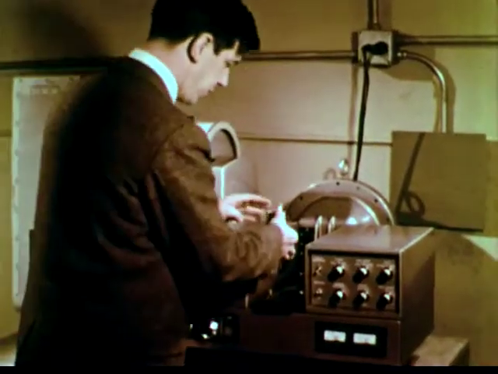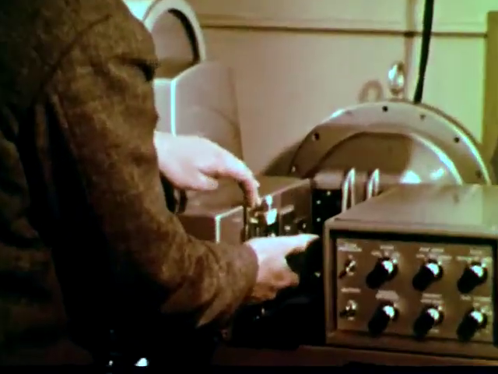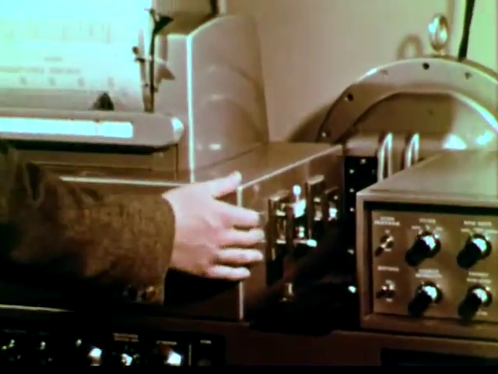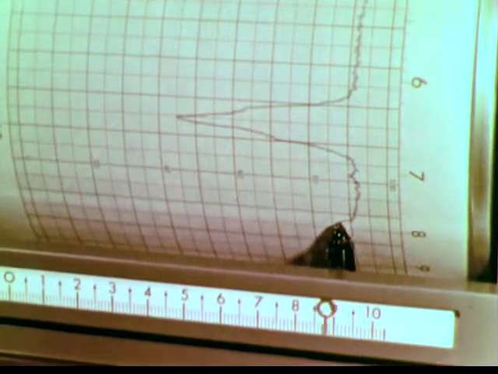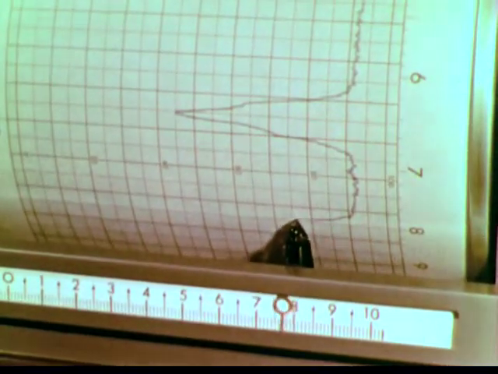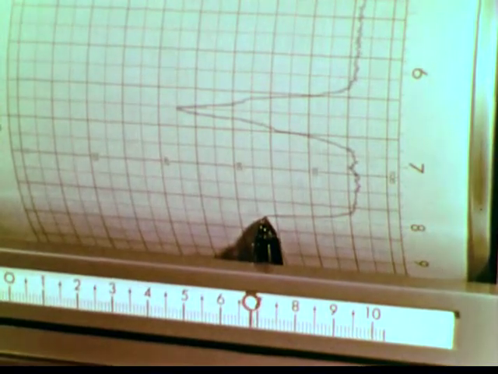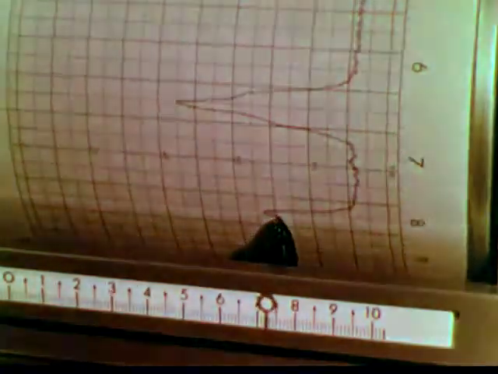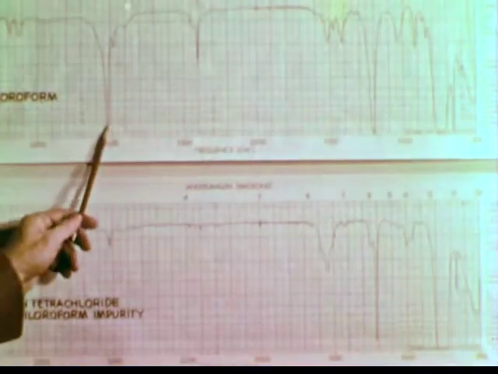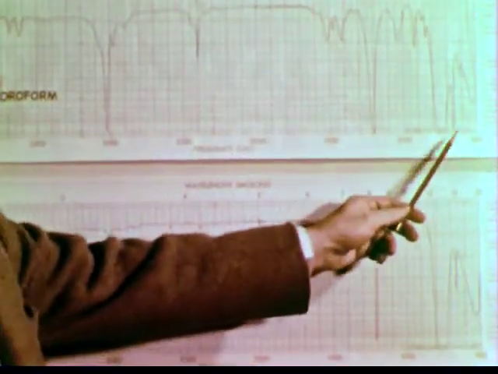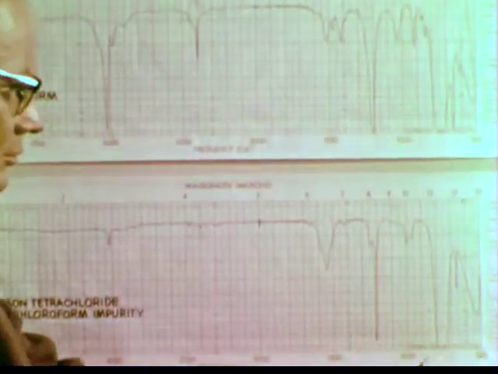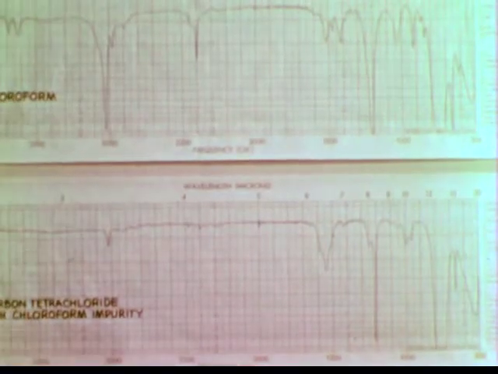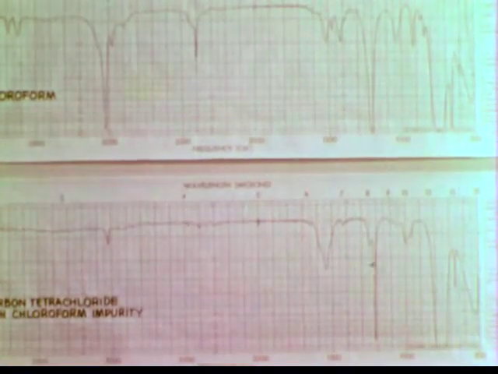The spectrum of the mixture will show not only the characteristic features of the predominant carbon tetrachloride, but also those of chloroform. The intensity of the latter is dependent on the extent of the contamination. These three strong characteristic frequencies of chloroform show up nicely here, here, and here, clearly revealing its presence in the carbon tetrachloride.